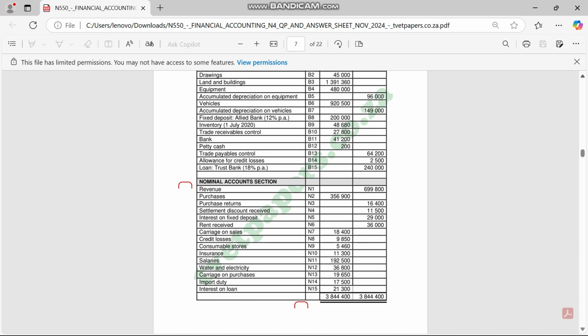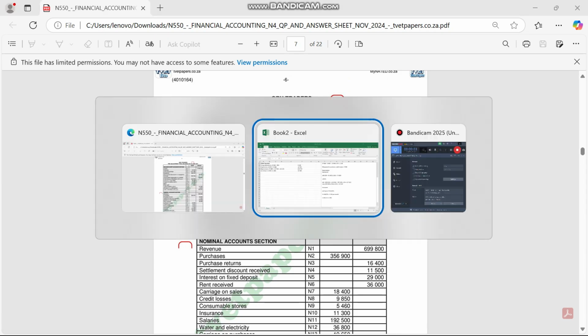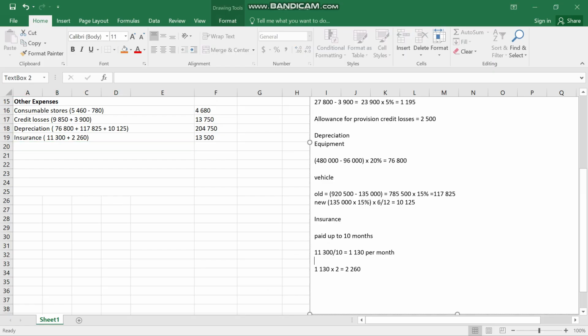So since this is the pre-adjustment trial balance, this amount is for the end of the year. So let's calculate our last interest on loan, right? 240,000 multiplied by 9 months. Guys, remember the loan was paid.